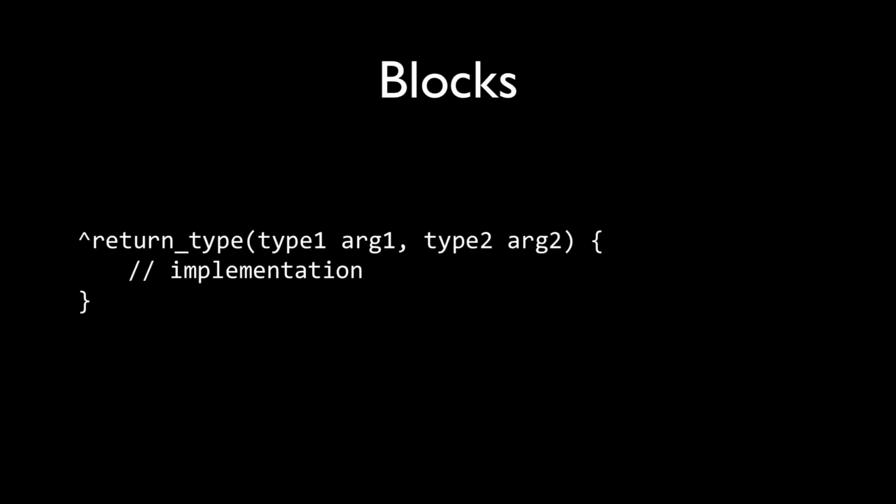So, the next thing is this. Again, I think the slide's going to be worthless. Blocks. That's the general format of blocks, but that's worthless. So looking at the example of using a block, back to student.h and student.m.